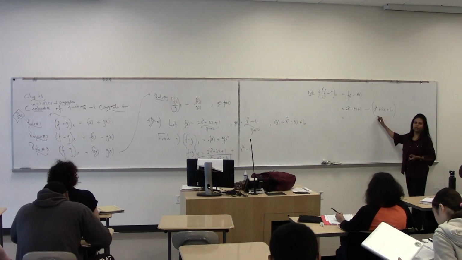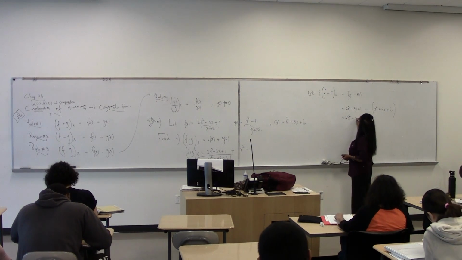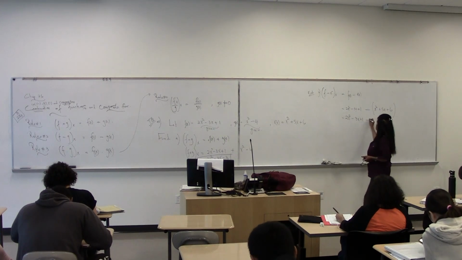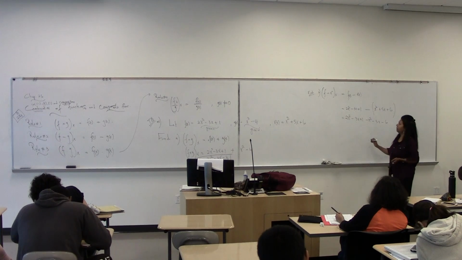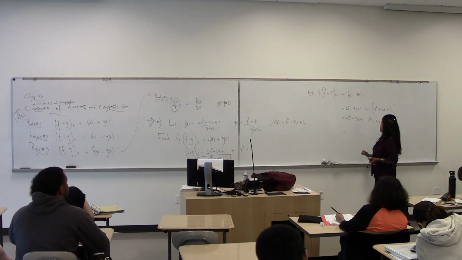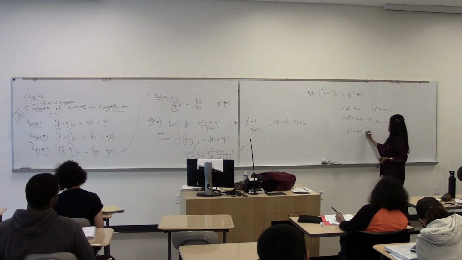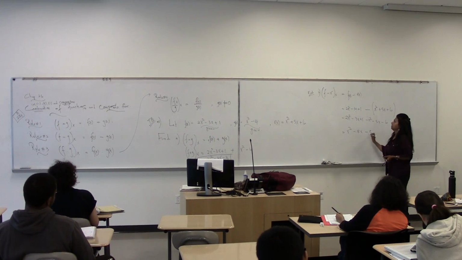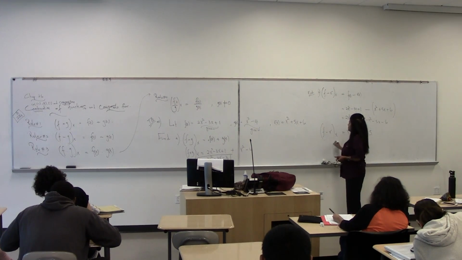We need to get rid of the parentheses first. So we do 2x squared minus 3x plus 1 minus x squared minus 5x minus 6. Combine like terms, class. x squared minus 8x minus 5. So this is f minus r of x.